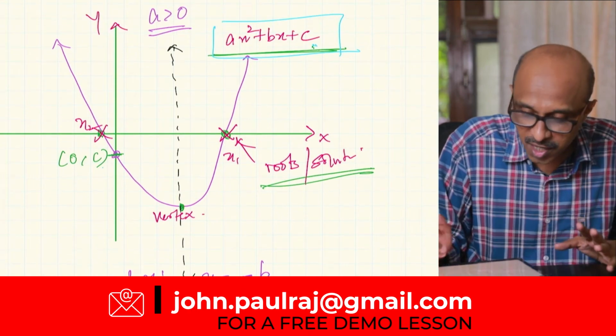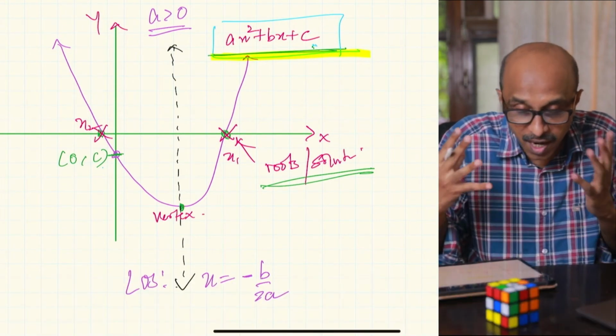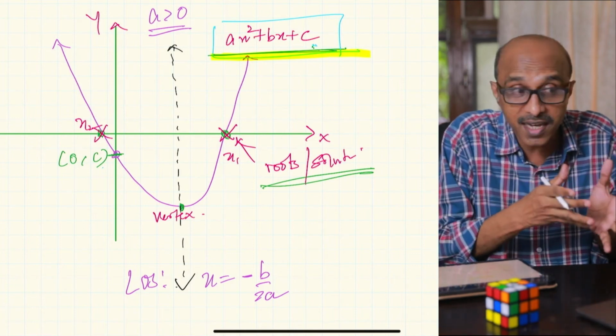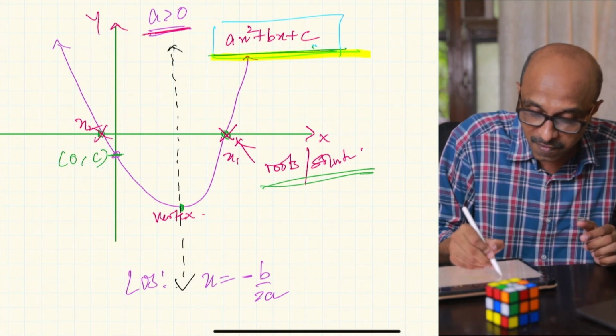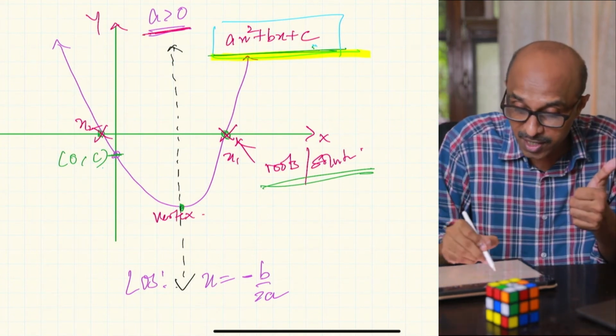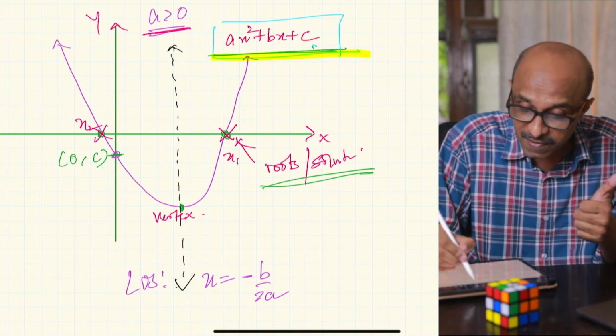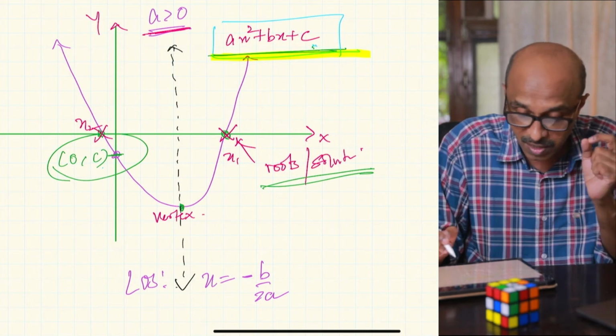So the moment you see a quadratic given in its general form, there are many features of the graph that you can work out even without using any graphing calculator. The first thing: when a is positive, what kind of curve is it going to be? Is it going to be U or inverted U? You can tell that by just looking at the quadratic expression. You can even tell what the y-intercept is going to be. 0, c is going to give you the y-intercept.